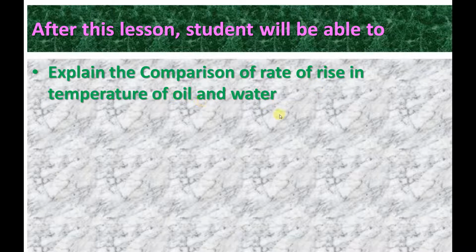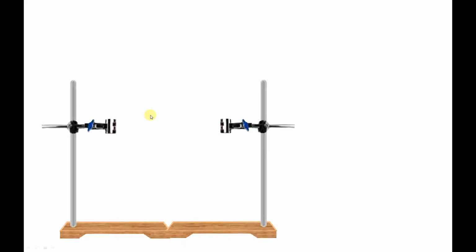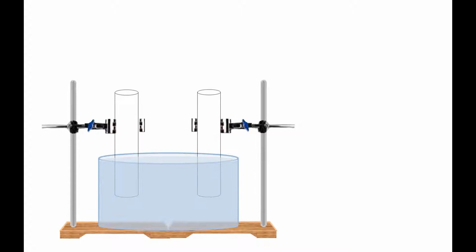So, next, let's take two retort stands, and we place one beaker at 80 degrees Celsius. This is the hot water beaker we place on the retort stands. After that, we fit two test tubes to the retort stands, and one test tube we fill with oil, and the other test tube we fill with water.